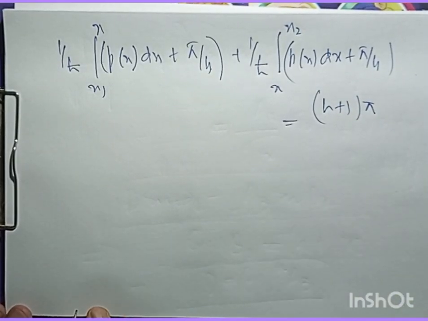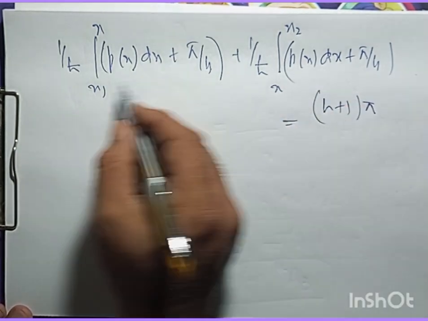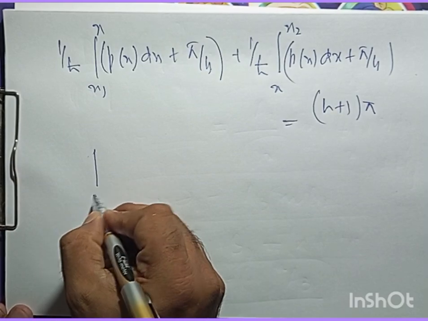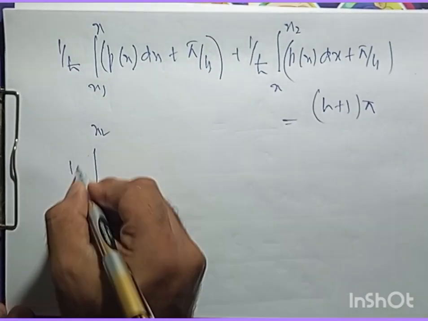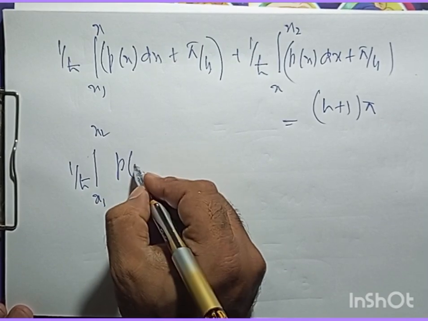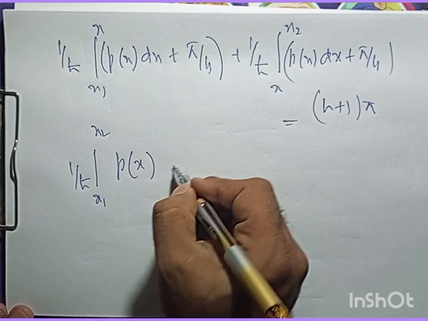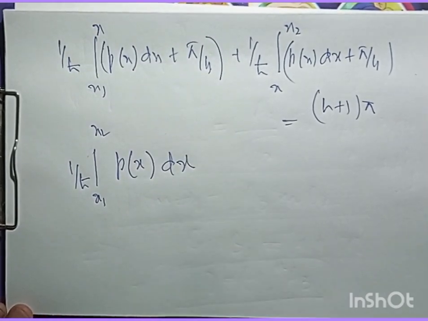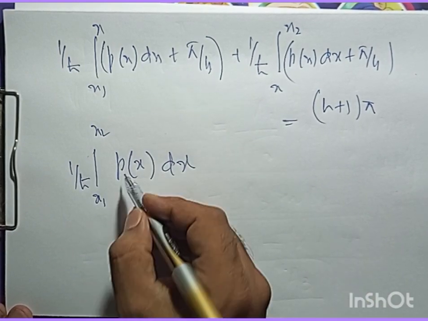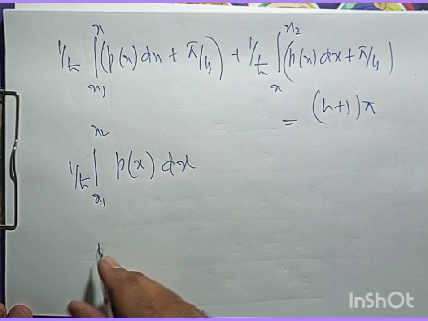Now we can proceed from here, and what we can see is that we can compress these two integrals into one integral from x1 to x2 of 1 by h bar p of x dx. It would have been rather good if we had used a prime for p of x, but anyway we can proceed like this.